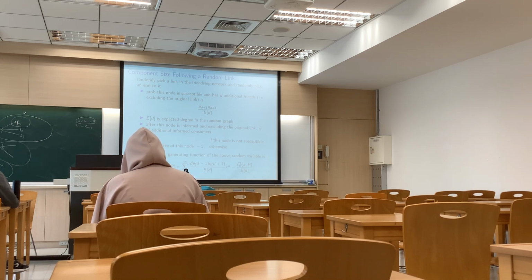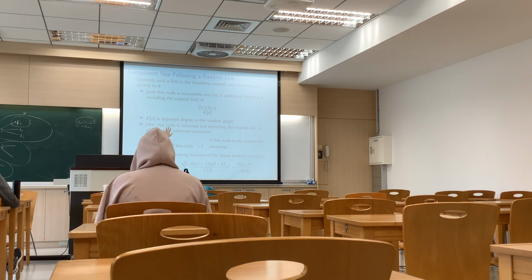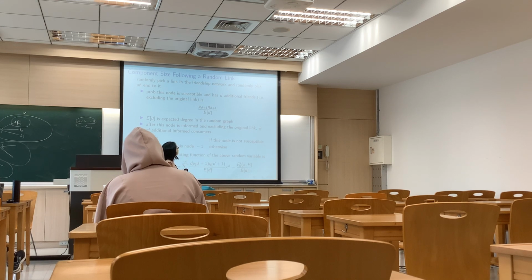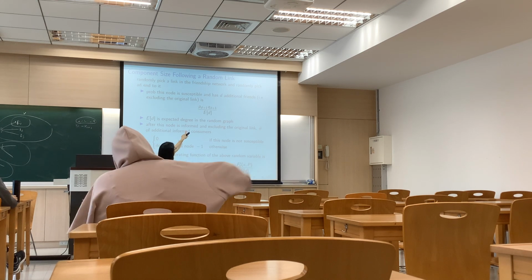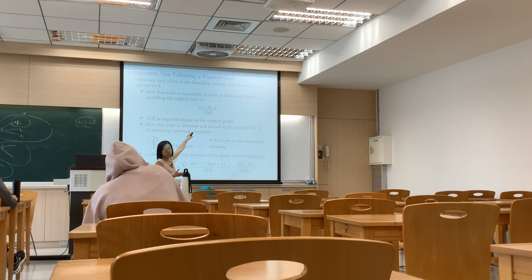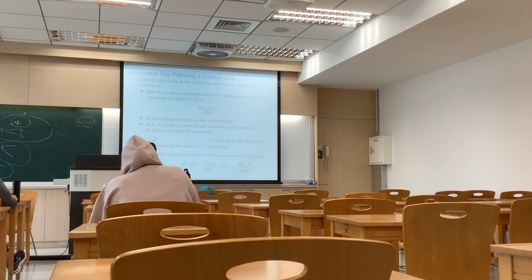So the probability that when you randomly follow a link, this consumer is susceptible and has D additional friends, excluding the original link, is this one. For him to have D additional friends, he needs to have D plus 1 links initially.